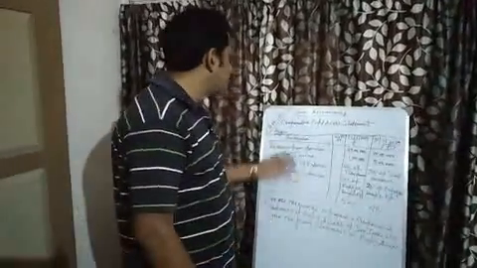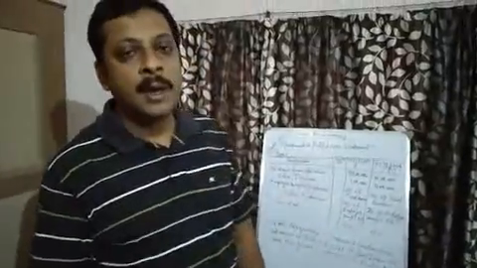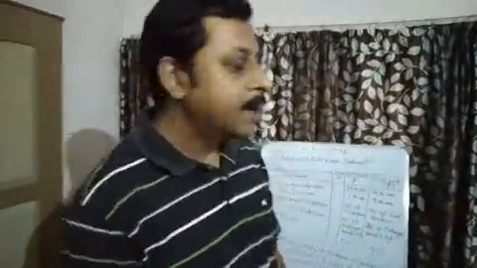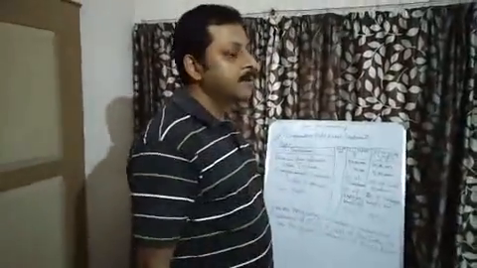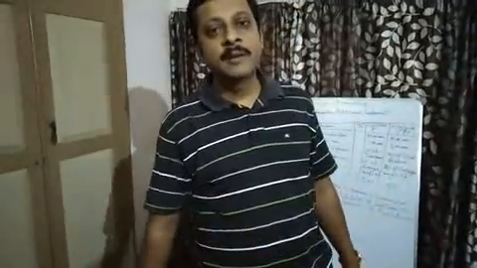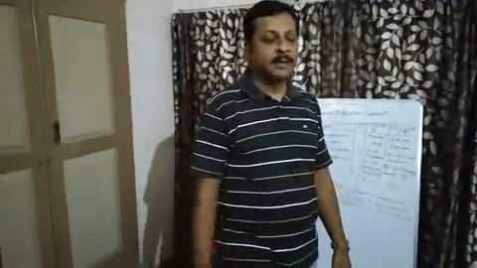Today our subject is accountancy, and as you know, we are going through financial statement analysis. In financial statement analysis, there are two parts: one is comparative statement analysis, and one is common size statement analysis.